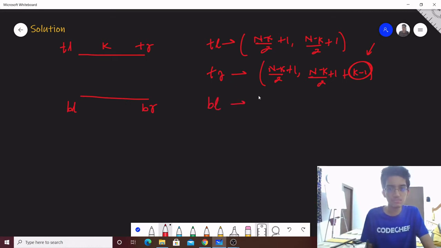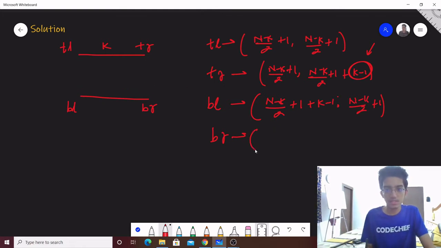Bottom left. This will have n minus k by 2 plus 1 plus k minus 1, comma, n minus k by 2 plus 1. Okay, this is our bottom left. For bottom left, we simply needed to add k, so hence we added k minus 1, and for bottom right, we need to traverse k over here and k over here.